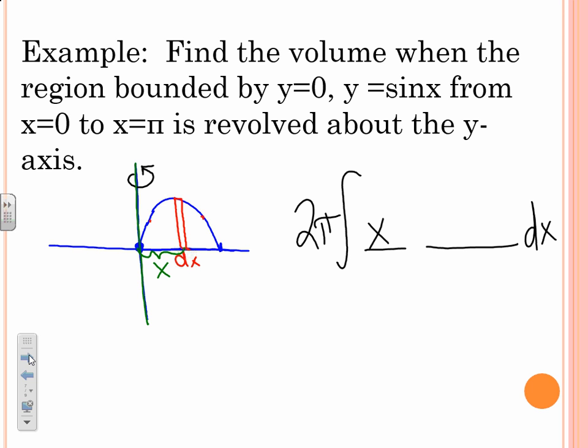So each of these are just sine of x minus 0 in height. And then they've already told us that our region stretches from 0 to pi. Until you get to calculus 2, you do not have the tools to integrate this by hand, so you must put it in your calculator.